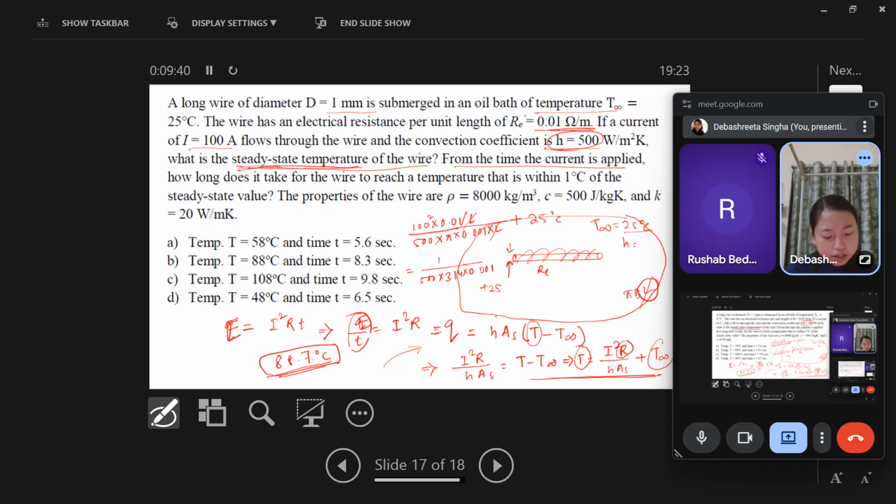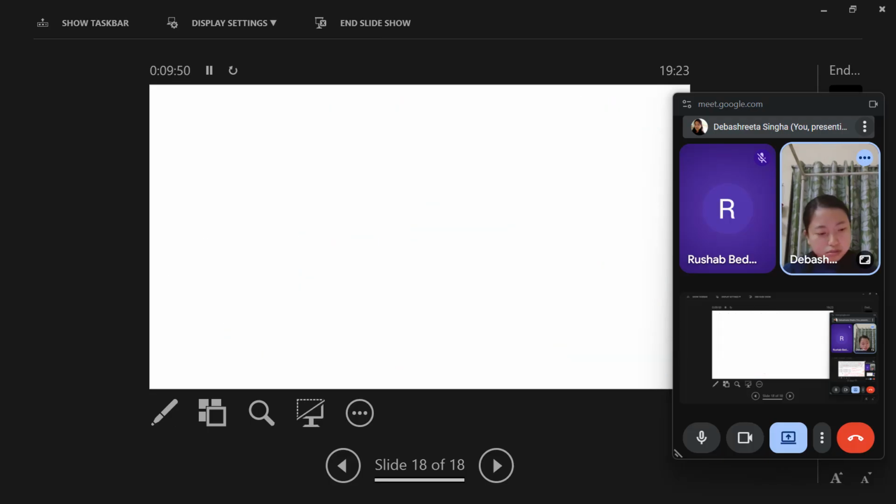From the time the current is applied, how long does it take for the wire to reach the temperature within 1 degree Celsius of the steady state value? So for this, you need to find out how to conclude whether it is lumped. Again, Biot number, if you calculate hL by k, it should be lesser than 0.1.